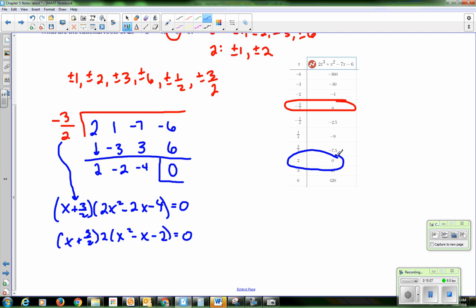I was looking for 1, and I can see I have more than 1. If I divide both sides by 2, it gets rid of this 2 here. Go ahead and factor this. Two numbers that multiply to give me -2 and add to give me -1 are -2 and +1.